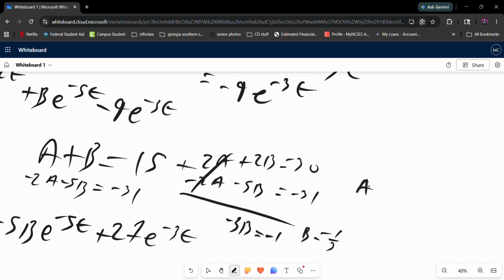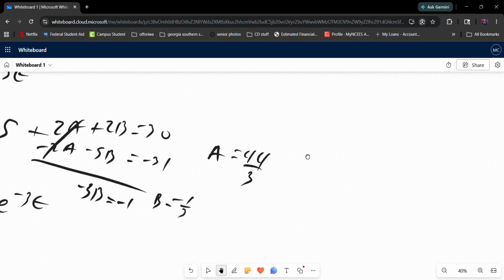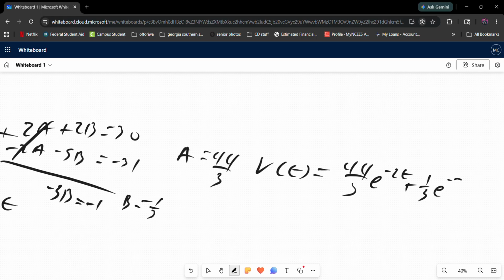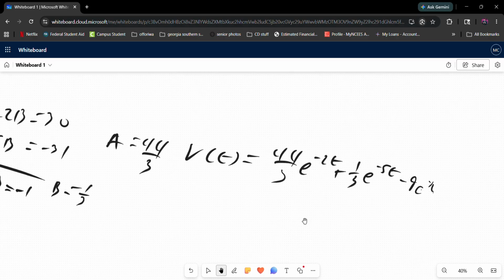So a is 44 thirds. And there we go. So that means our final answer is v of t is going to be 44 thirds e to the negative 2t plus 1/3 e to the negative 5t minus 9 e to the negative 3t.